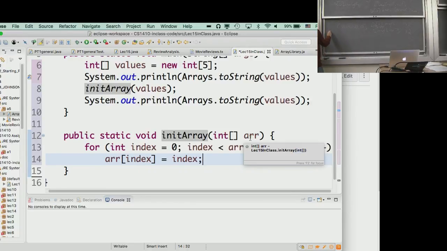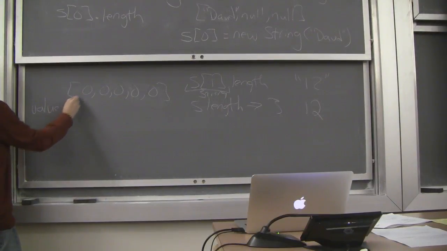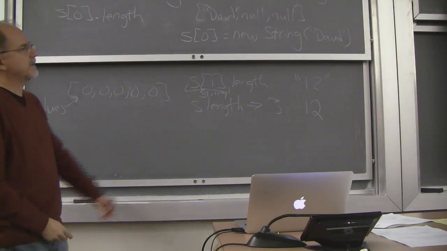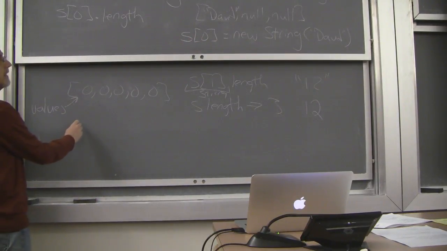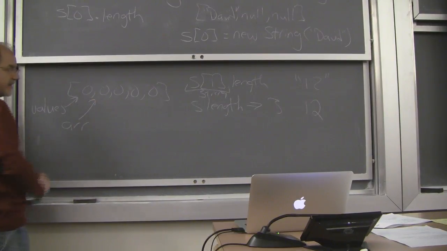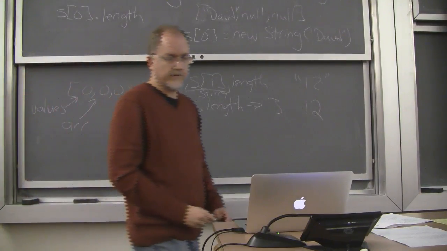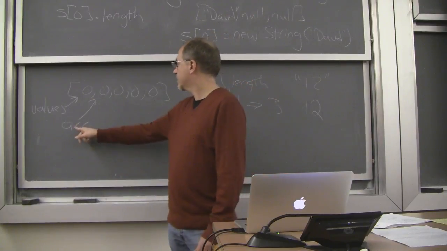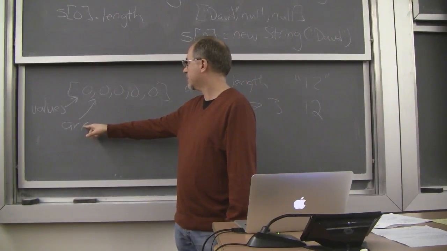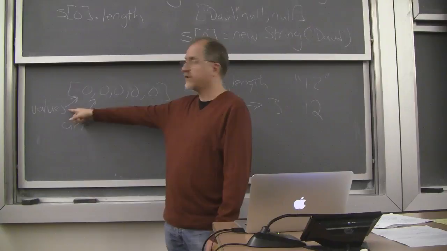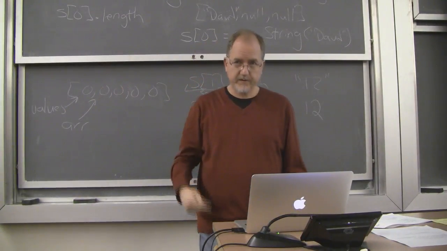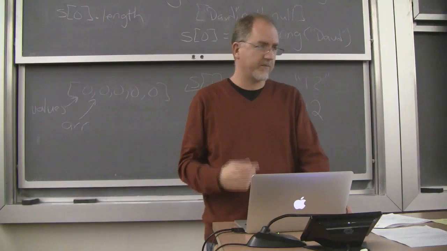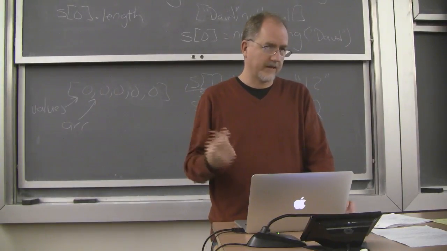So values references this object. When we enter the initArray method, then R also references that exact same object. So if I change the array that R references, it's also changing the same array that values references. And so I'm really changing both at the same time. When I say both at the same time, there's only one object. So it's not really two different things.